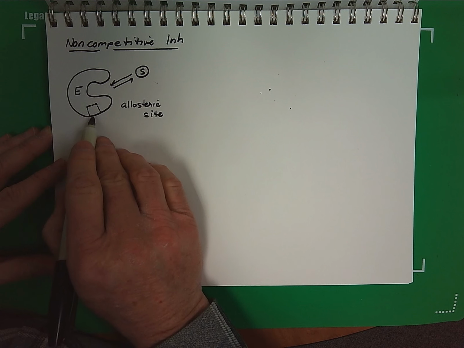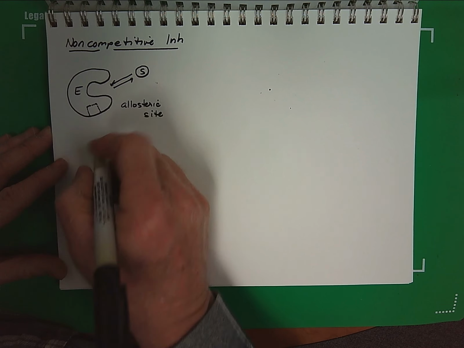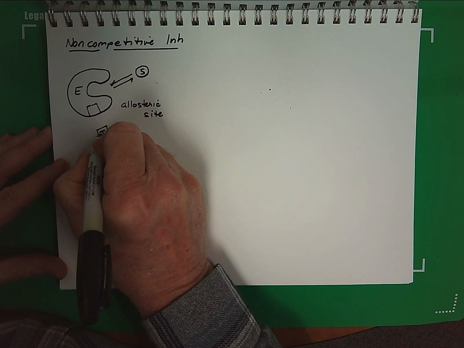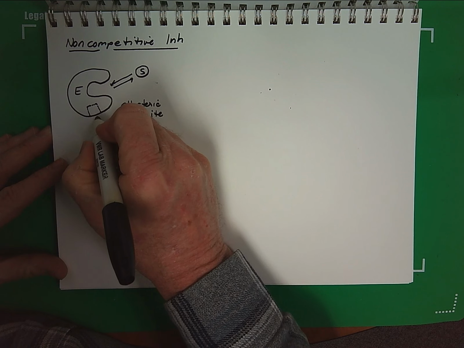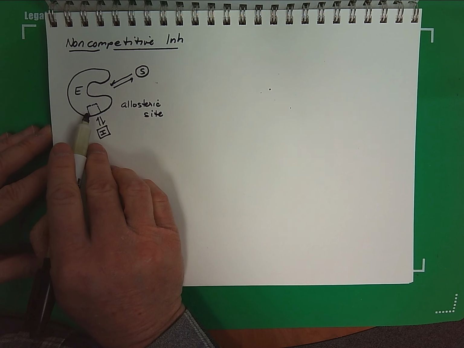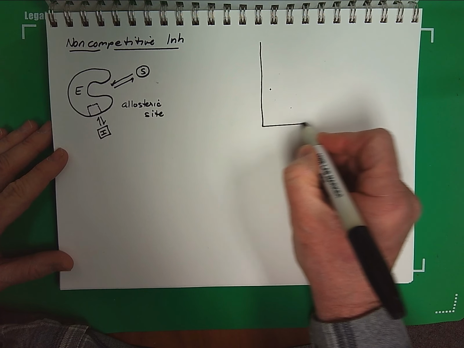The allosteric site is a regulatory site present on the enzyme that is not the active site. So our inhibitor will bind specifically to this other site. This, of course, is going to affect the enzyme activity.